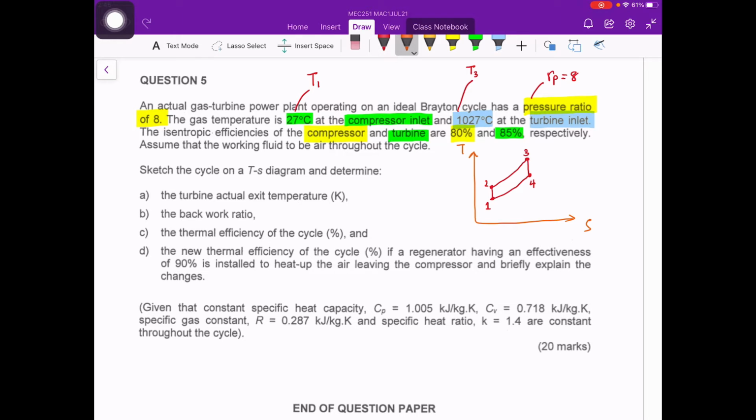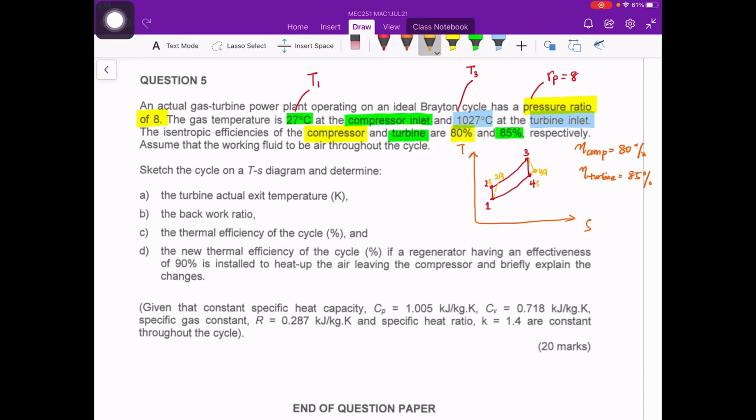Also given to us are the isentropic efficiencies for both compressor and turbine. The isentropic efficiency for the compressor is given by 80%, and isentropic efficiency for the turbine is given by 85%.